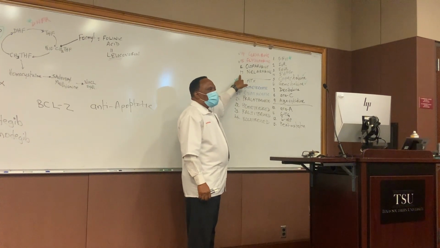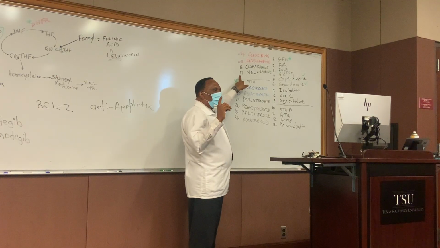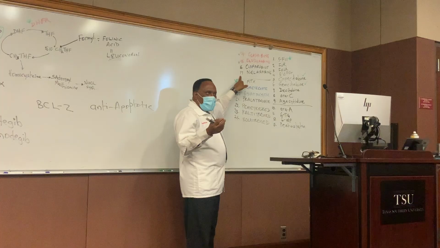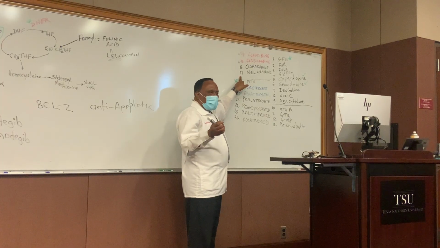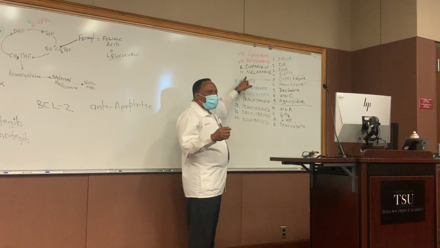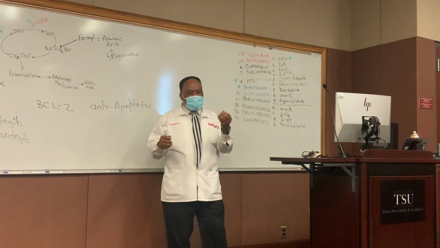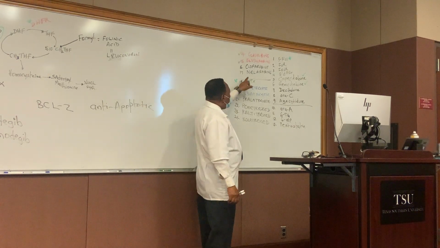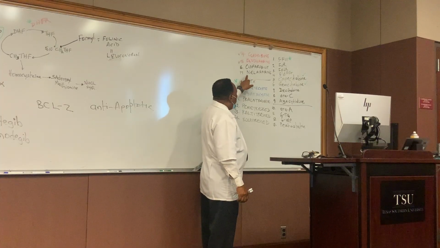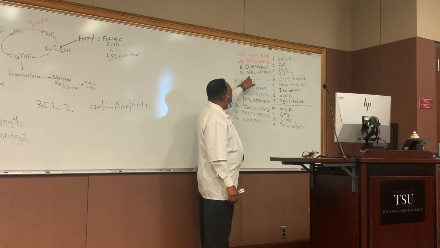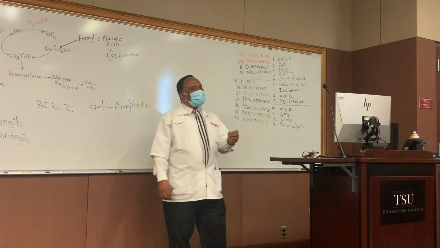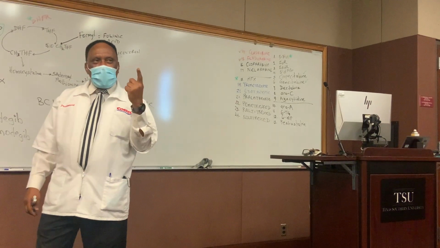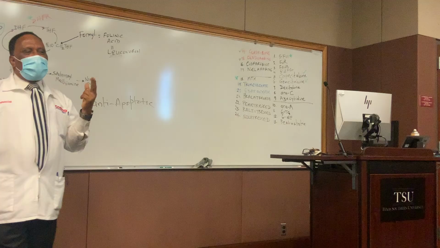Nelarabine is mainly used for one thing and one thing only, and that is pediatric ALL, acute lymphocytic leukemia in little babies. That's what you use nelarabine for. Clofarabine is used for two things, AML and ALL.